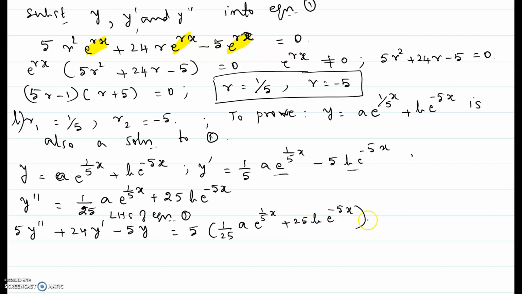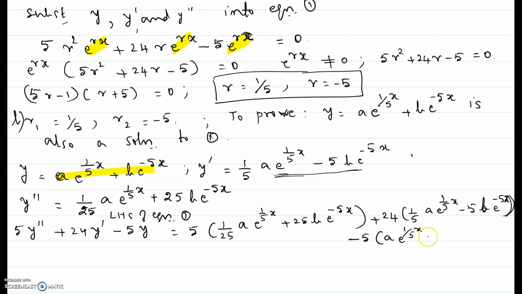Then plus 24 times y prime, which is 1 over 5a e to the 1 over 5x minus 5b e to the negative 5x. Then minus 5 times y, which is a times e to the 1 over 5x plus b e to the negative 5x.